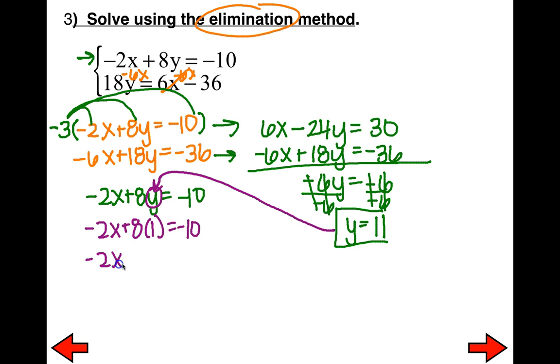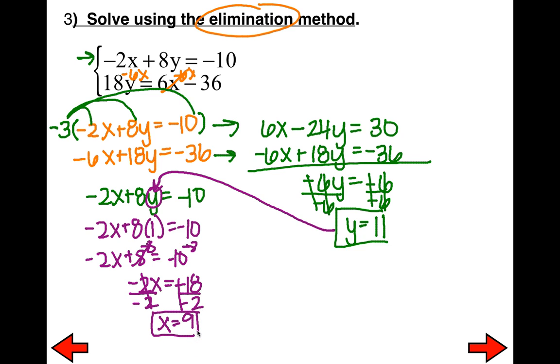Leaving me with negative 2x plus 8 equals negative 10. Subtract 8 from both sides, and I'm left with negative 2x equals negative 18. I'm not done. I'm going to divide both sides by negative 2, and I'm left with x equals, the negatives cancel out, positive 9.